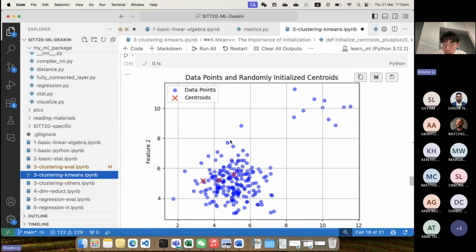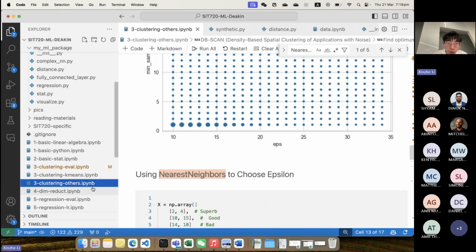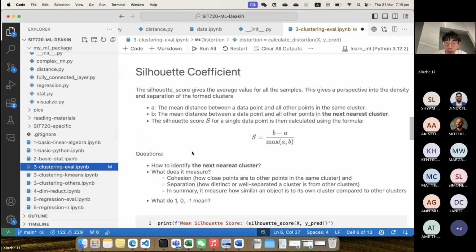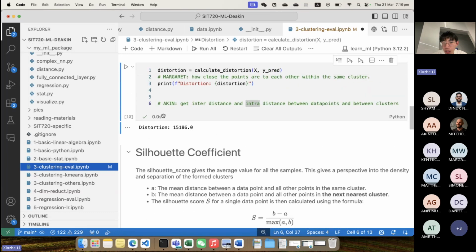Now we care about the distance between the data point with other clusters. Okay. So that will introduce the silhouette coefficient. This is the formula. Let me explain to you what's using the Akin's idea.